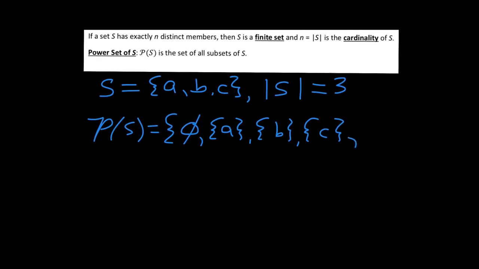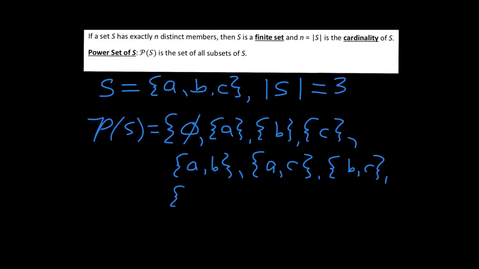It's also going to contain AB, because AB is certainly a subset of S, because every element in AB is inside of S. Likewise, it'll contain the set AC, the set BC, and the set ABC.